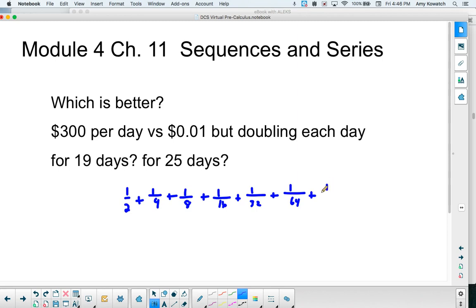Like I can't keep doing this forever, right? But if your common ratio is less than 1, or actually greater than -1, so it's the absolute value. So if it's a fraction between -1 and 1, you will be able to use the following formula.